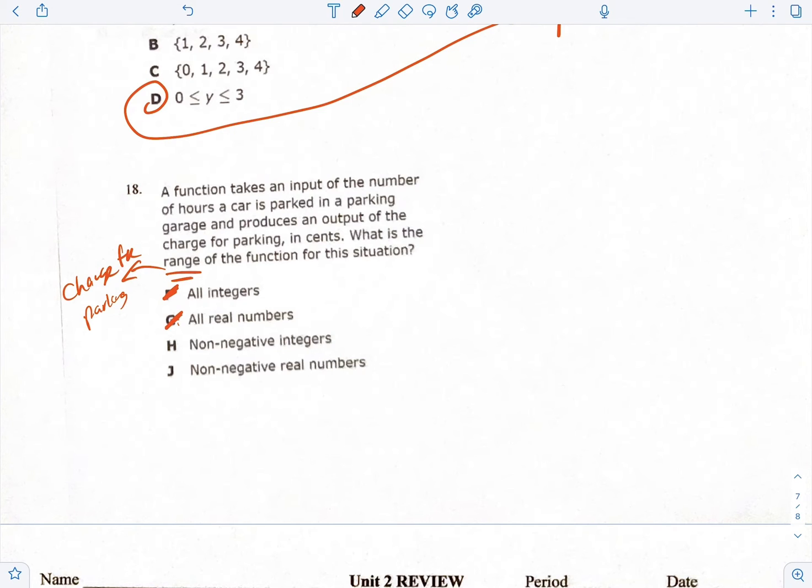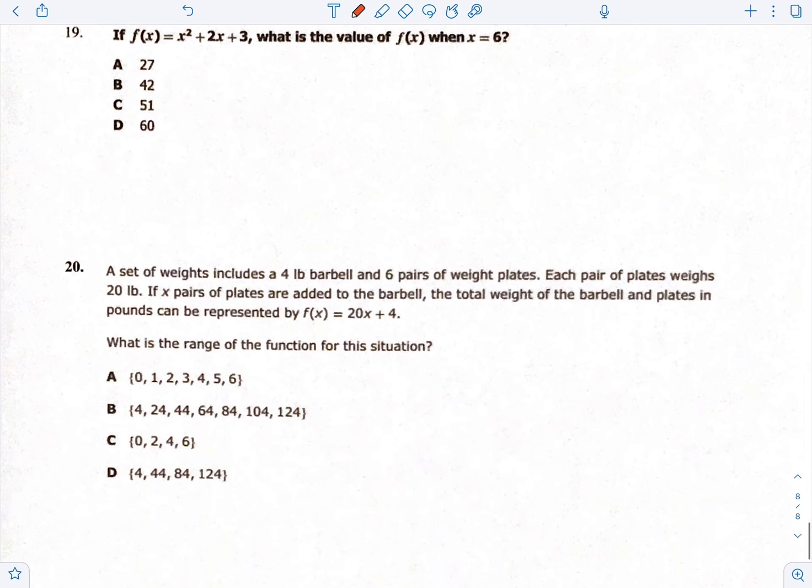Non-negative integers, that's just like whole numbers, right? But it could be 20 cents, 25 cents. So let's say J instead of H, because H has to be like 0, 1, 2, 3, 4. Whereas J could be 1, 1.5, 1.25. So J is going to be our answer there.